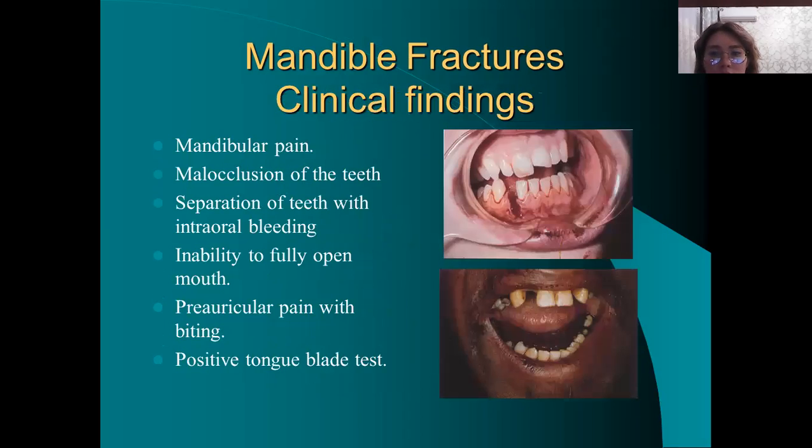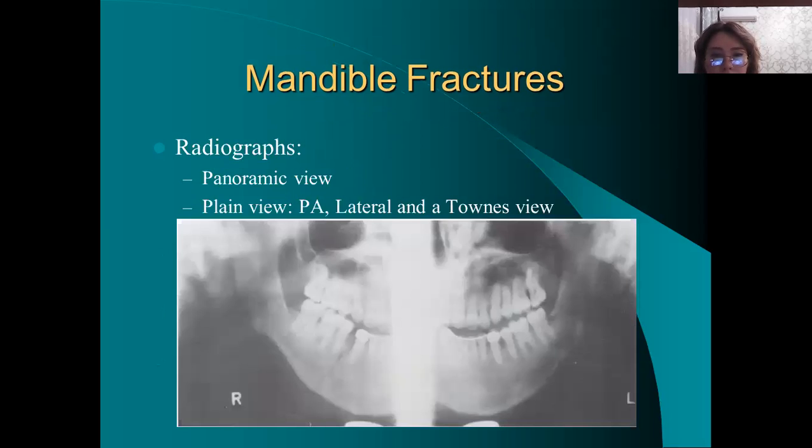Mandibular fractures clinical findings: mandibular pain, malocclusion of the teeth, separation of teeth with intraoral bleeding, inability to fully open the mouth, preauricular pain with palpation, a positive tongue blade test. Radiographic panoramic views.